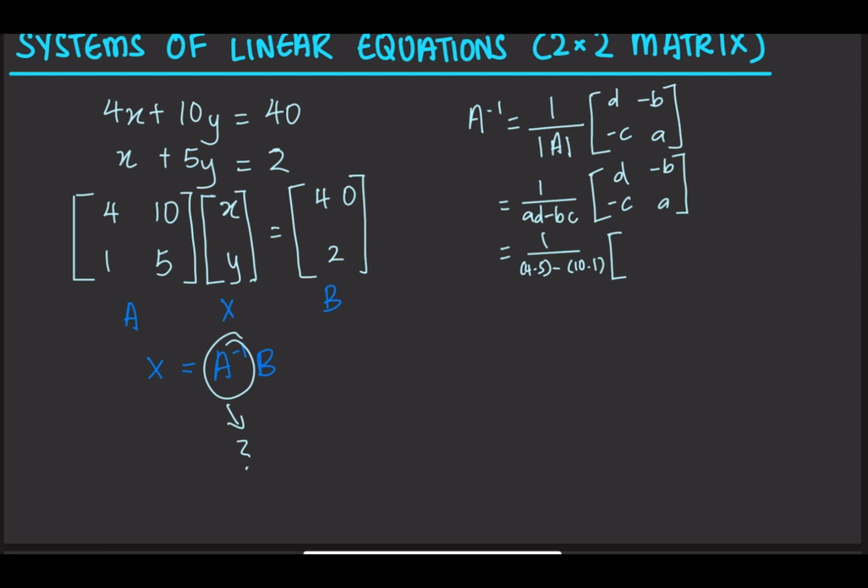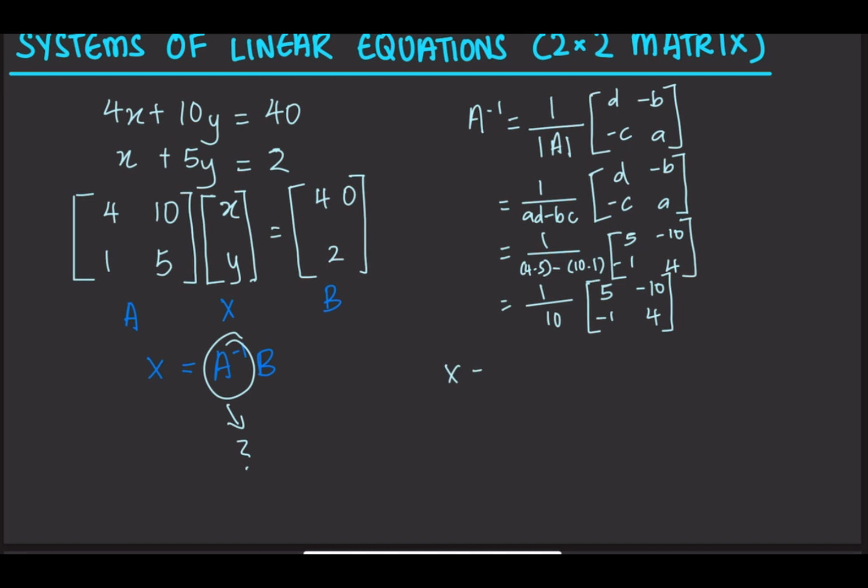D is 5, negative B is negative 10, negative C is negative 1, A is 4. What you get is 1 over 10, multiplied by 5, negative 10, negative 1, 4. Right, and then that is your A inverse.